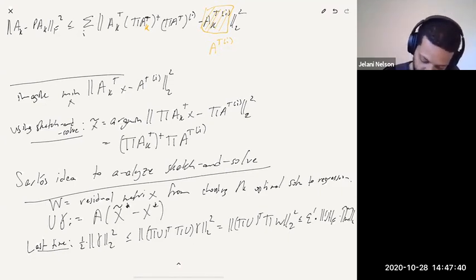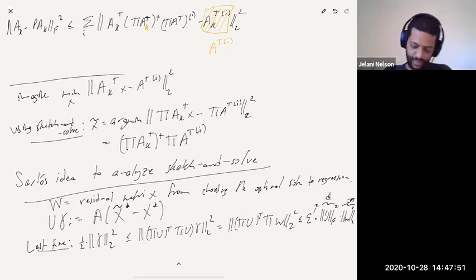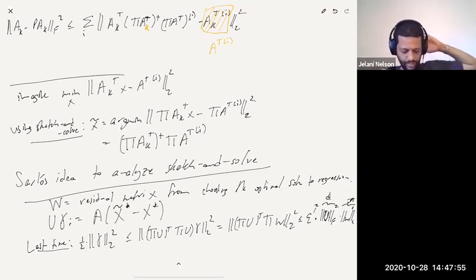If it's squared, this is all squared. So this was opt, and this was d.